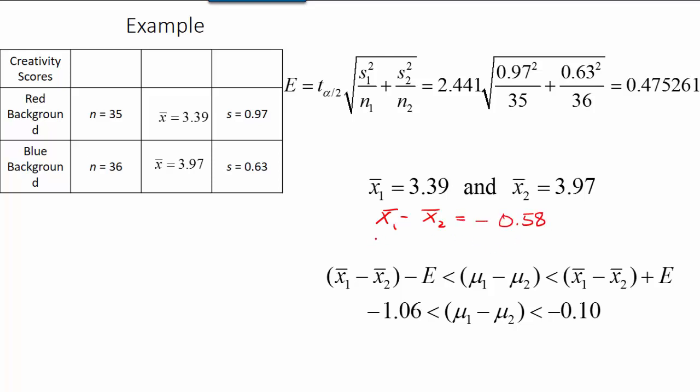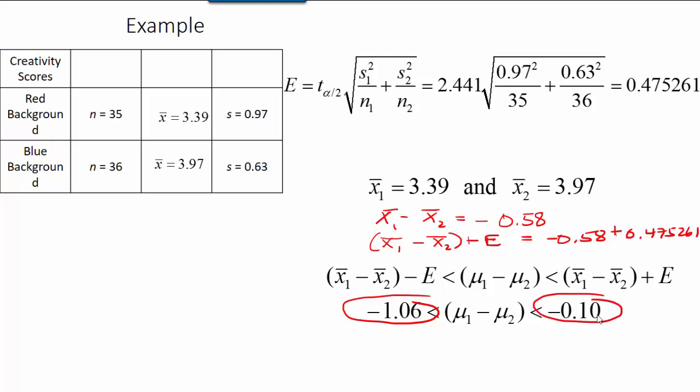And now we need to take that number and subtract the error. So that's negative 0.58 minus 0.475261. And that's where we get the negative 1.06. You're going to do the same thing on the other side, but add the error to it. Okay? And then that's going to result in negative 0.10.